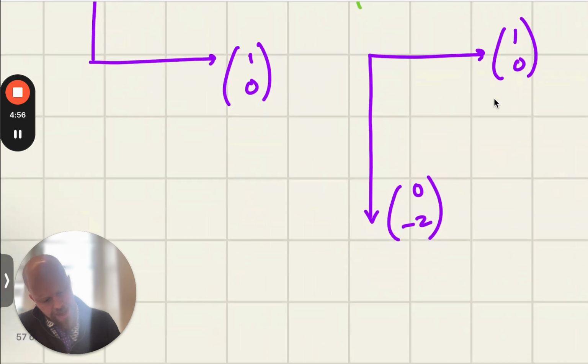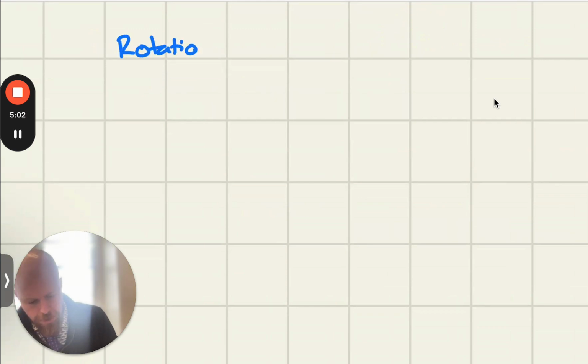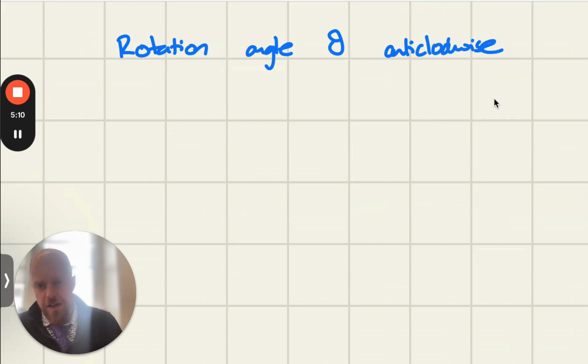Let's take a different example. Let's say that we are going to be doing a rotation by angle theta, and we're going to go anti-clockwise. Now, it's a nasty matrix to do with trigonometry, and again, it comes down to the base matrix.